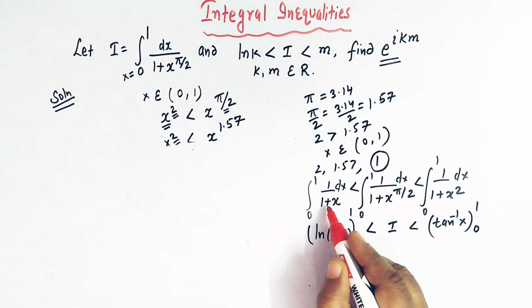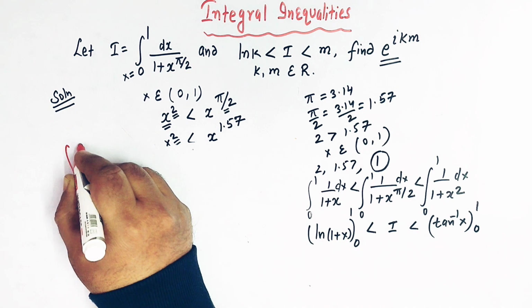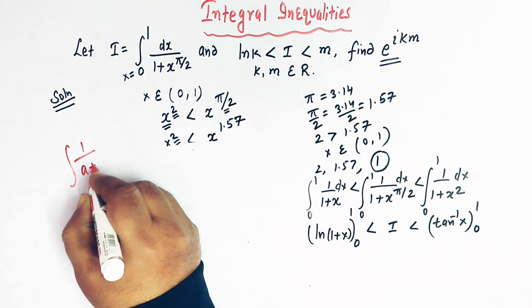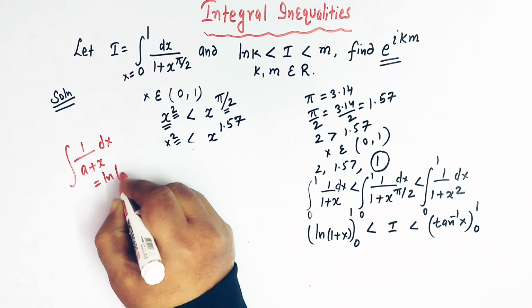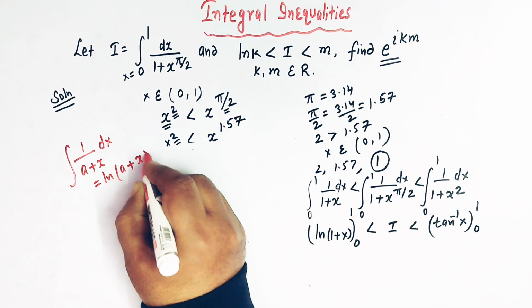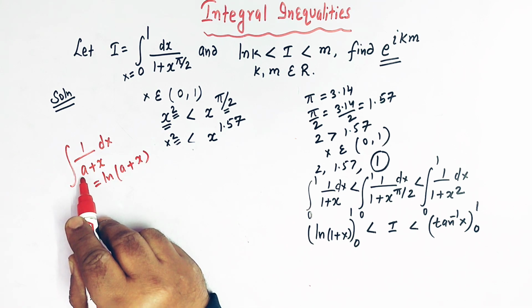So here we have used the standard result, that is the integral of 1 over a plus x dx is equal to log of a plus x. So this is the natural log, and here a is some real number, right?